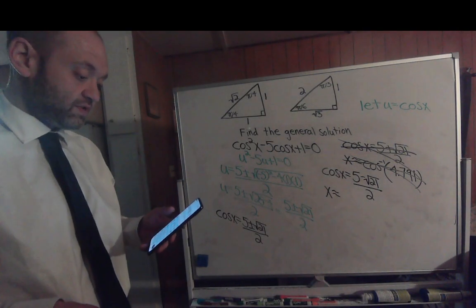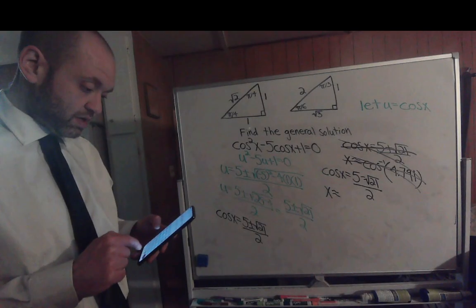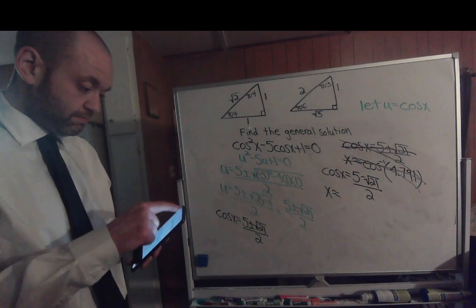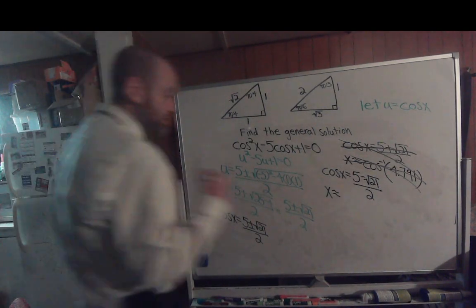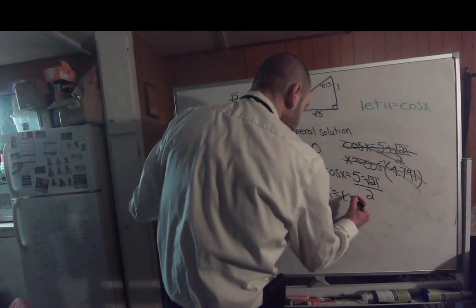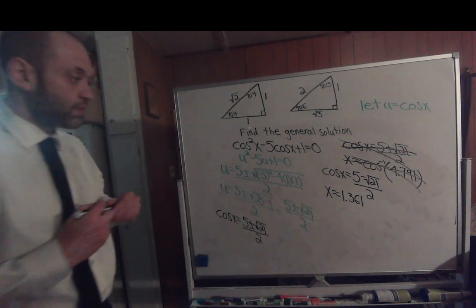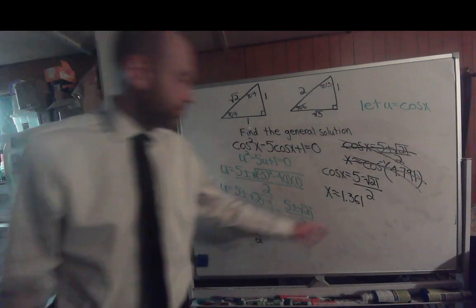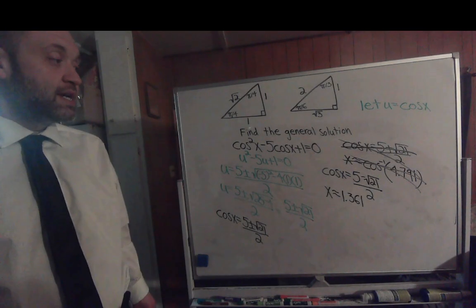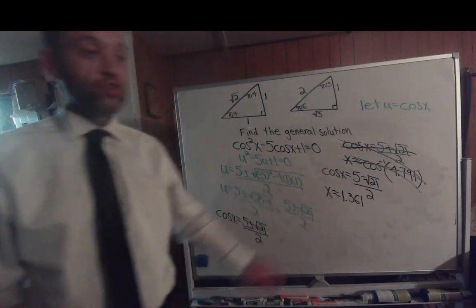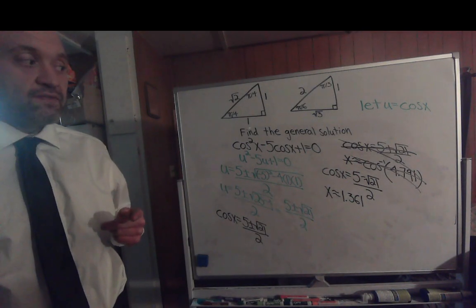The cosine inverse of that would work. So you get about 1.361 radians, approximately, right? Which would put you in the second quadrant, because the second quadrant is the end of the domain of the cosine inverse function.